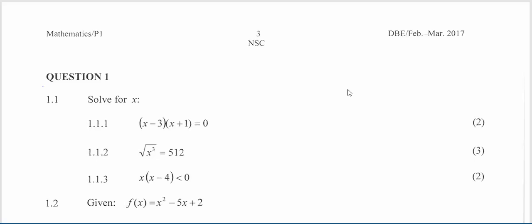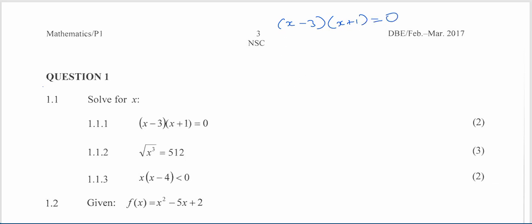Maths paper 1, question 1. So we'll be doing this question. We have x minus 3 times x plus 1 equals 0. So we're going to have x minus 3 times x plus 1 equals 0.